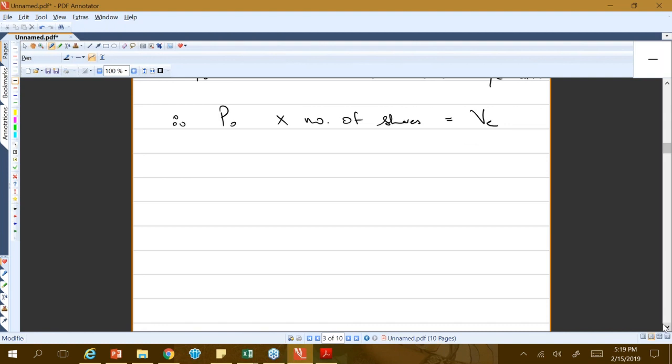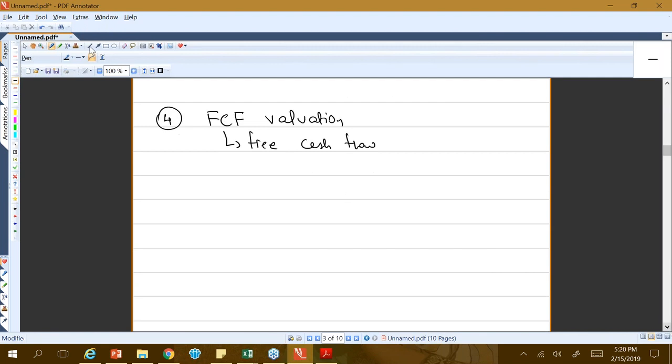And the final method here is FCF valuation, or the free cash flow valuation. Now, it's something really brief in our exam because it is mainly a high-level topic.